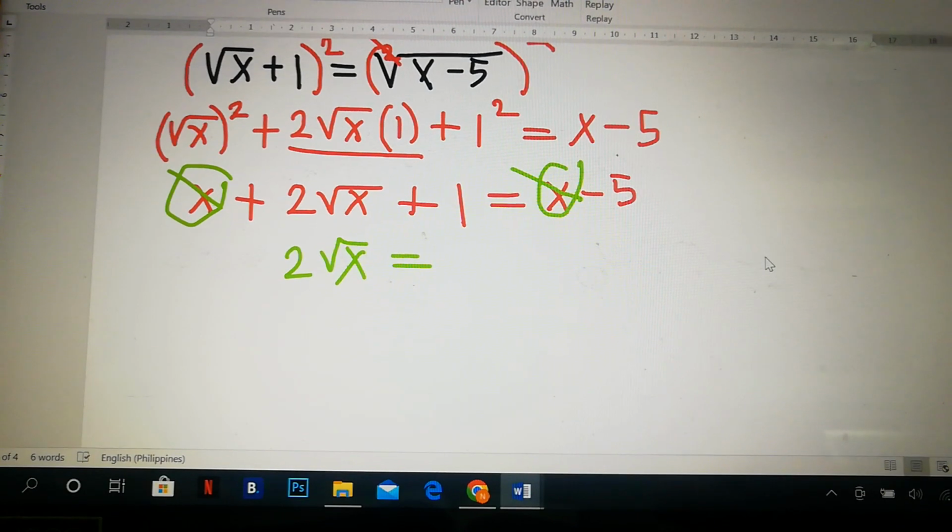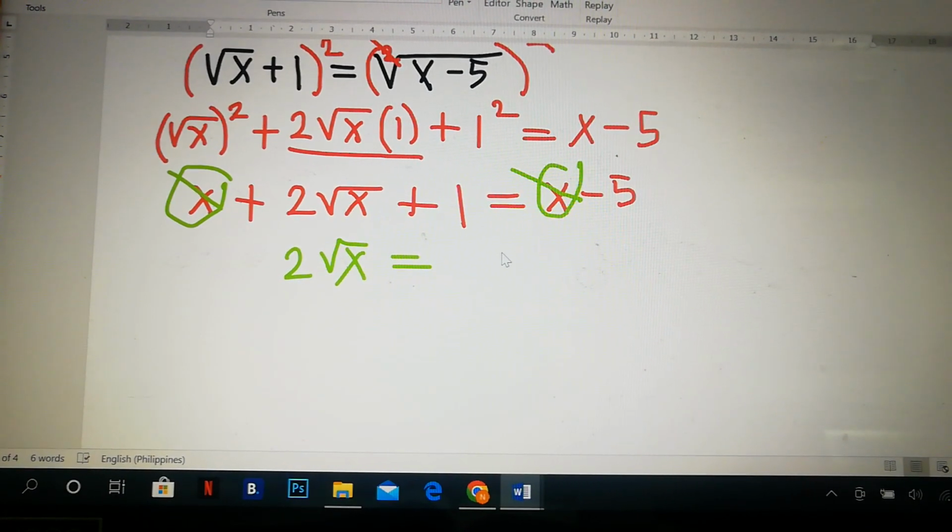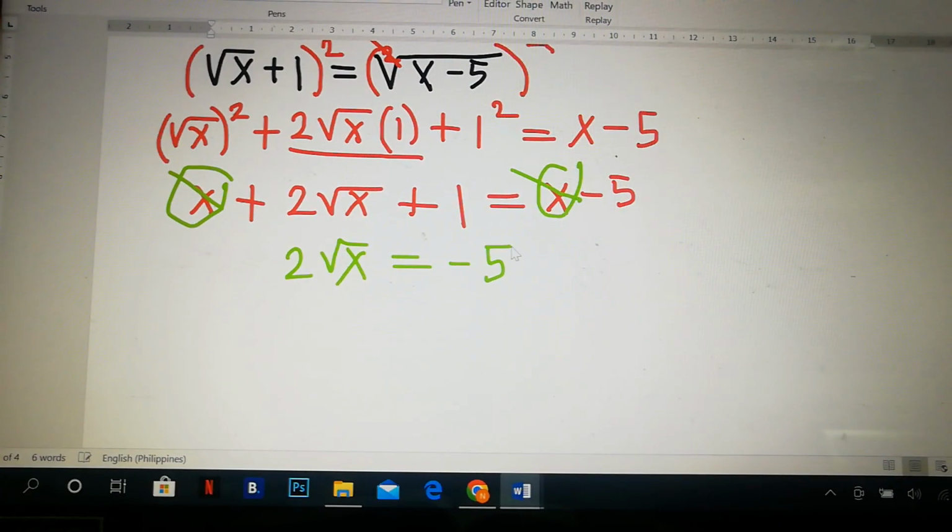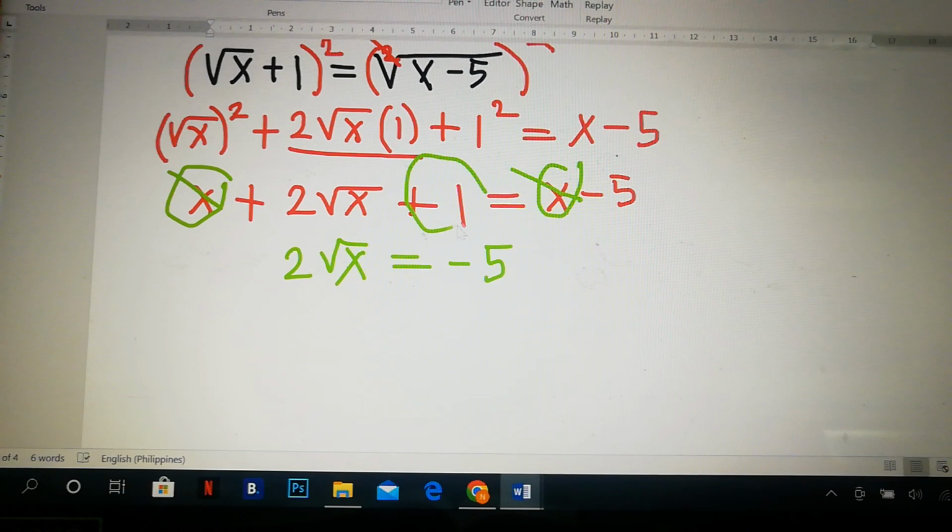Okay, so that's already cancelled. Now, negative 5 on the right side, then if you transpose this positive 1 to the other side, that becomes minus 1. So 2 square root of x is equal to negative 6.